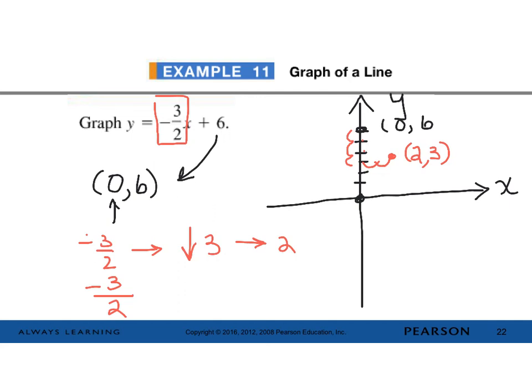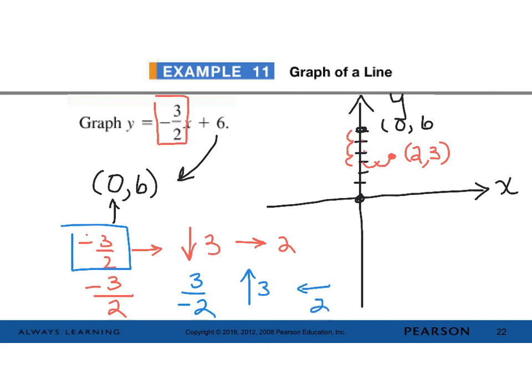Now alternatively, it would still work, but this is not usually the way it's done. You can take -3/2 and say that that's 3 over -2, because both -3 over 2 and 3 over -2 equal -3/2. If you're using 3 over -2, I want you to notice that because the 3 is positive, you're going to go up 3. And then because the 2 is negative, you're going to go left 2.